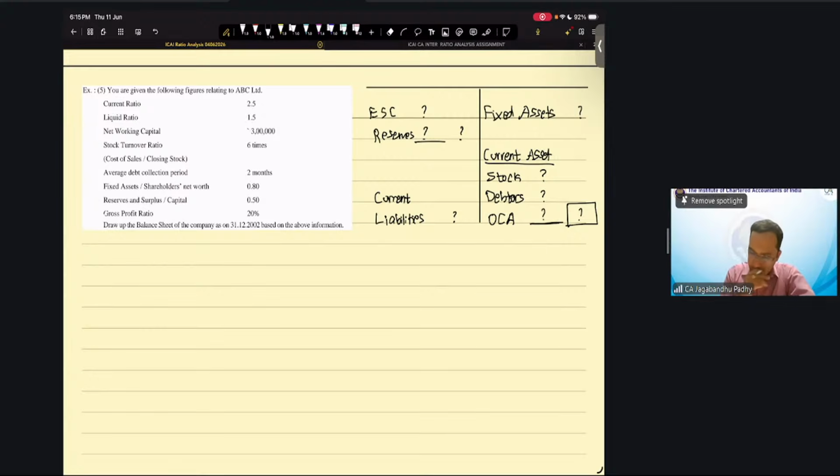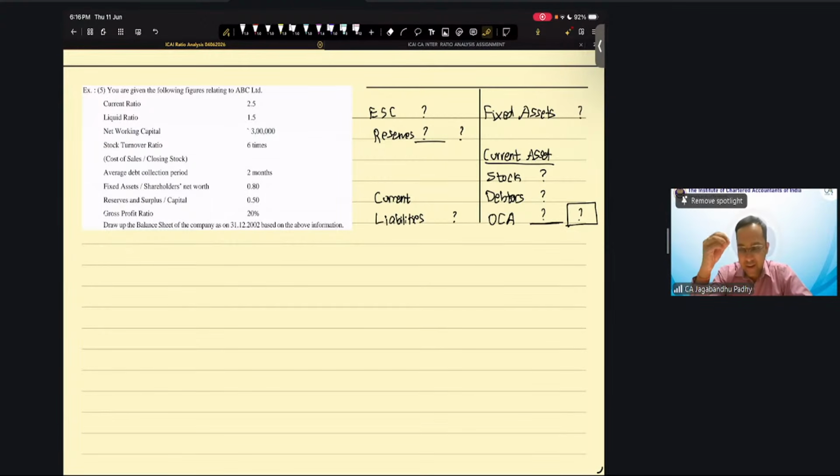Now, to start with, none of the items of the balance sheet are given to us, but we have the information of net working capital. So how do we compute net working capital? It is current assets minus current liabilities. And then we have the current ratio as 2.5.